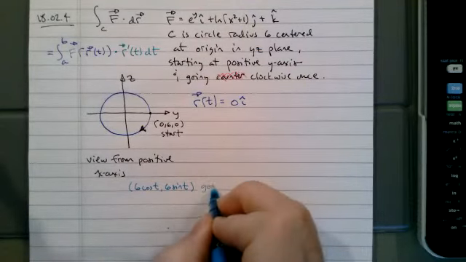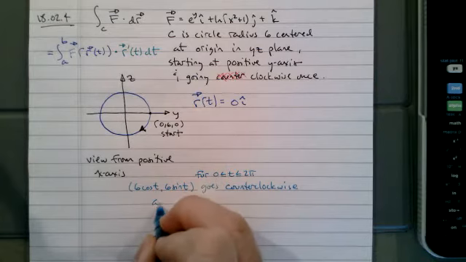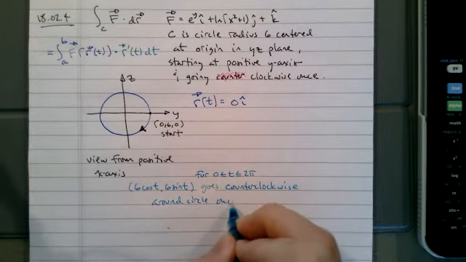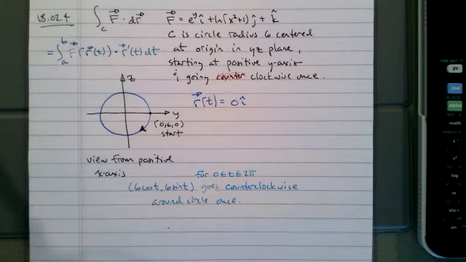That will go counterclockwise around the circle once. So what could we do?